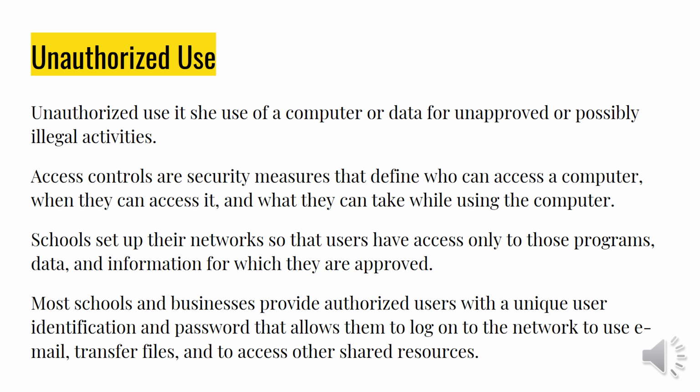Schools set up their network so that users have access only to those programs, data, and information for which they are approved. Most schools and businesses provide authorized users with a unique user identification and password that allows them to log on to the network, to use email, transfer files, and to access other shared resources.